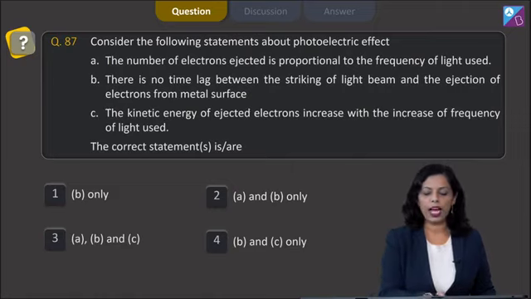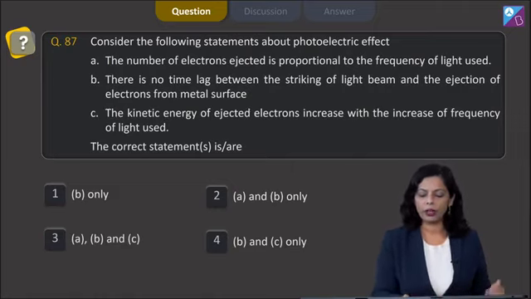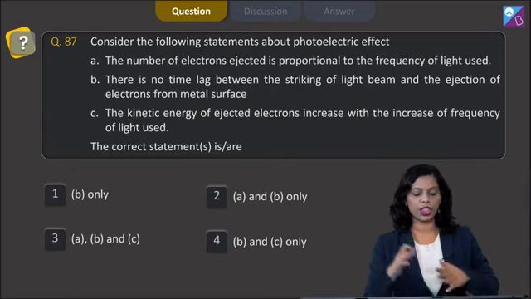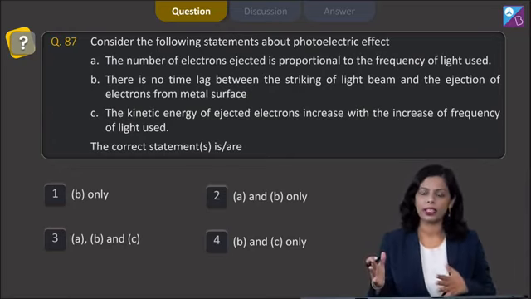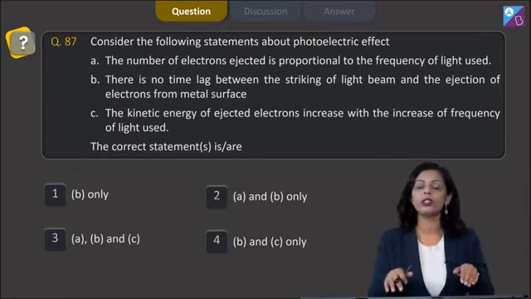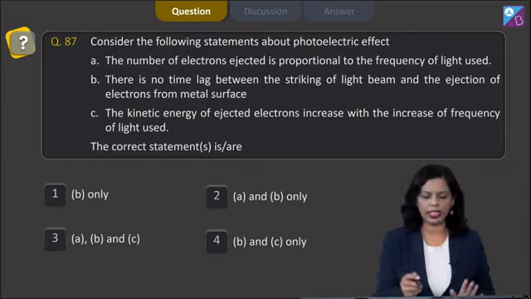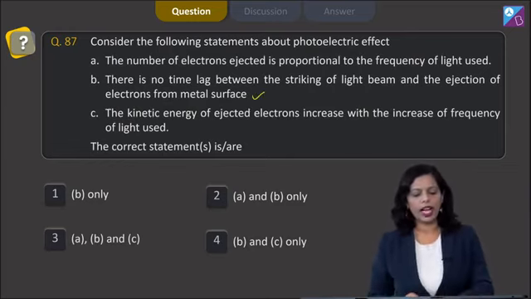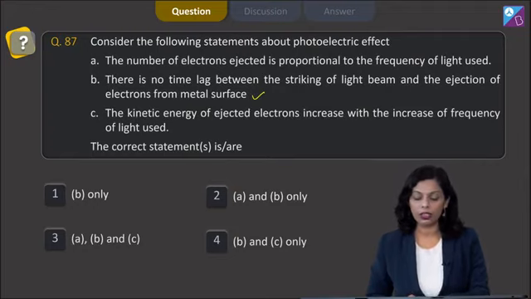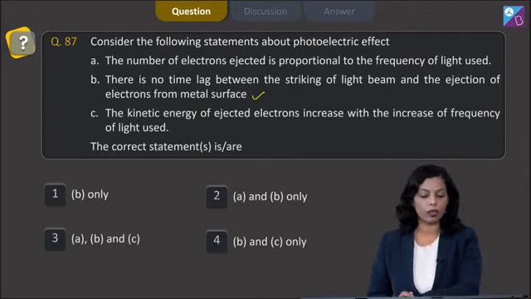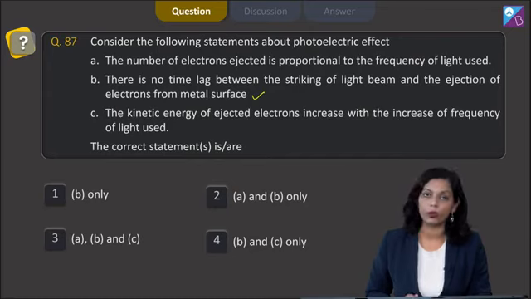There is no time lag between the striking of the light beam and the ejection of electrons from the metal surface. As the light falls on the metal surface, electrons start ejecting, so the second statement is right. The kinetic energy of the ejected electrons increases with the increase of the frequency of the light used.